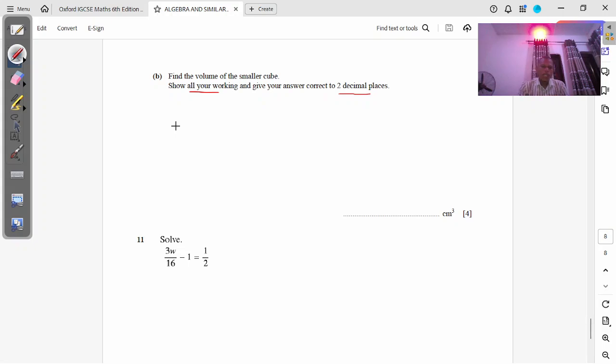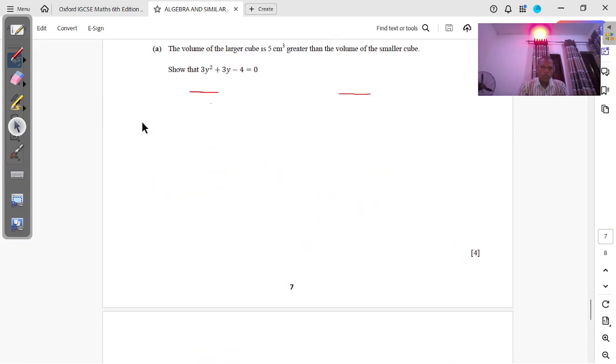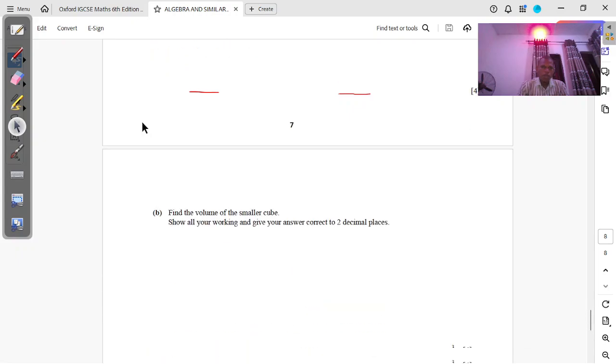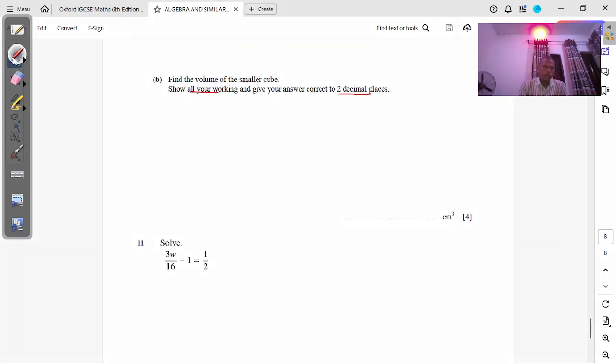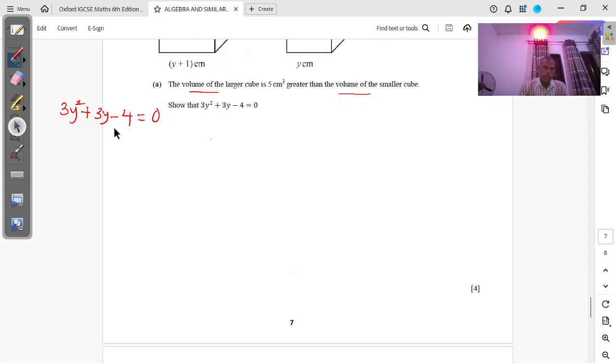So what I have there, now the quadratic equation I just got is 3y squared plus 3y minus 4, equal to 0. So this is the equation I just got right here, 3y squared plus 3y minus 4 equals 0.